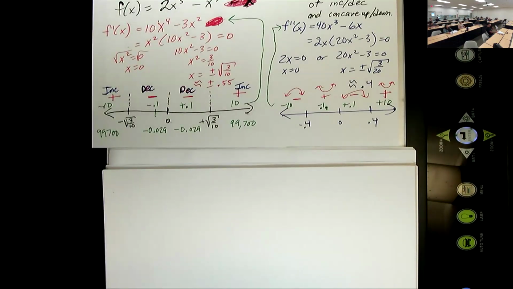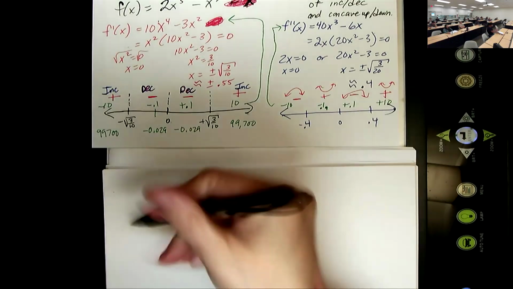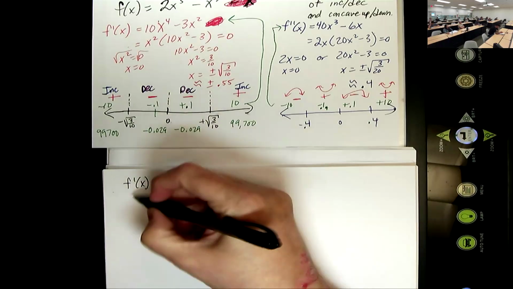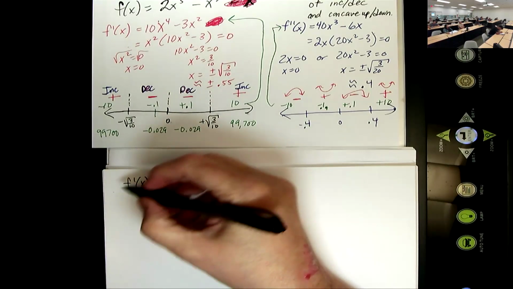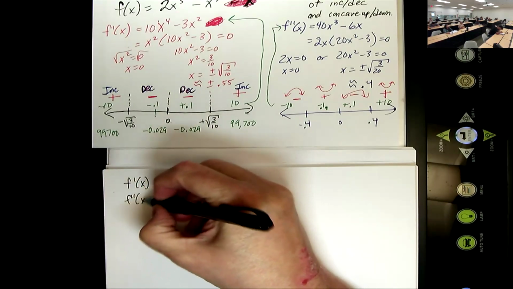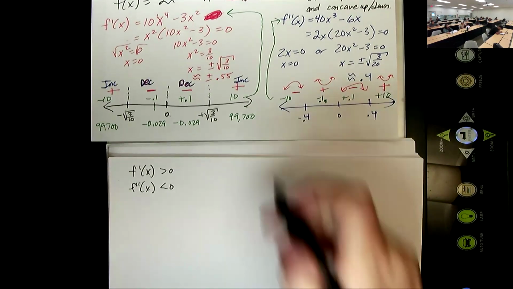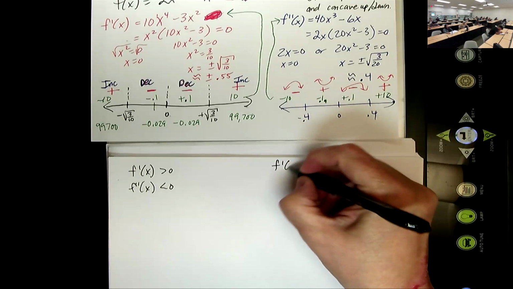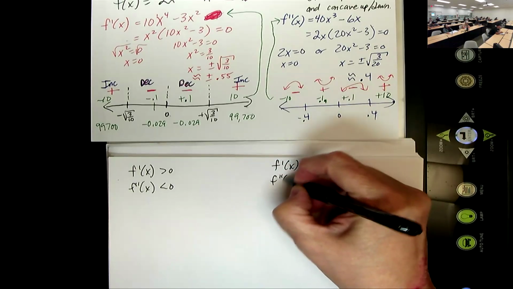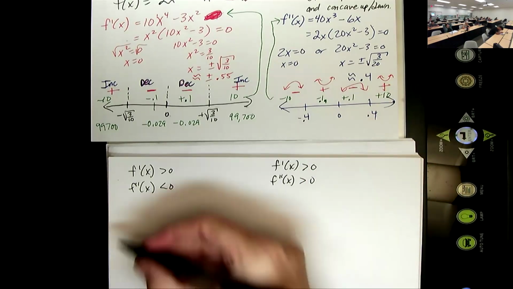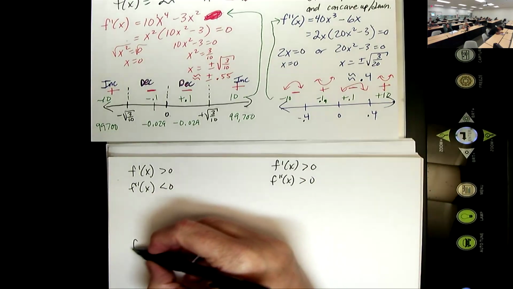I can have f prime is positive. And f double prime is negative. I could do them both positive. And now we need to look at the two scenarios where f prime is negative.